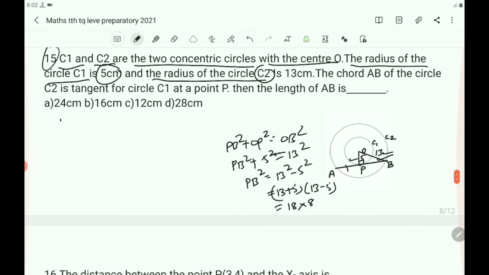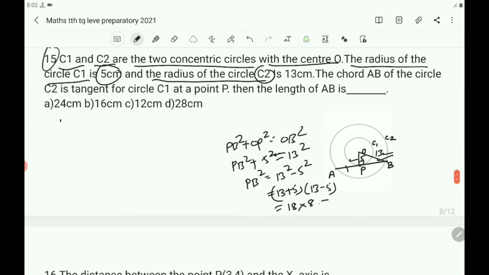So you will get 18 into 8, which is 144. Otherwise you can use 169 minus 25, then also you will get 144. You can use any one.